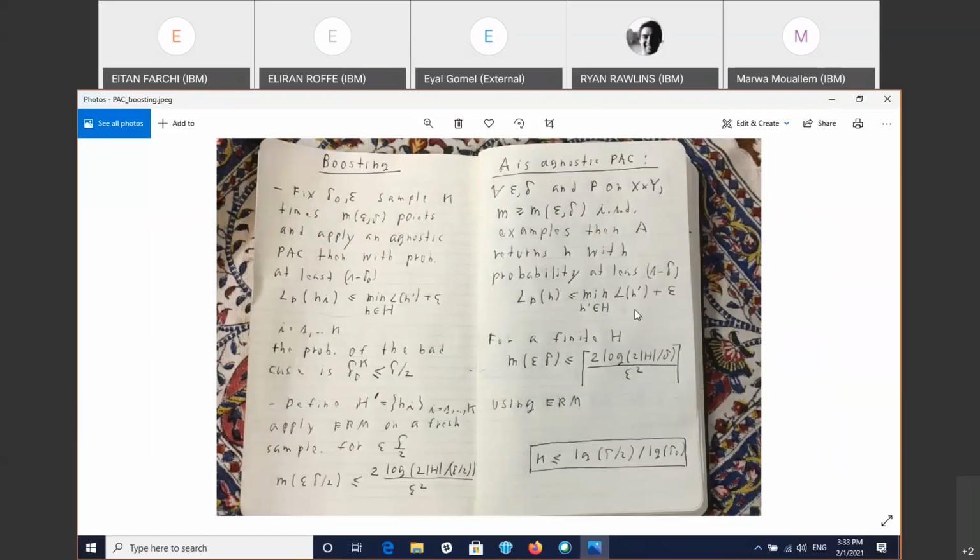And typically, if the hypothesis set H is rich enough, then this number is very small. For instance, a neural network could approximate any function more or less, so this number will be very small.